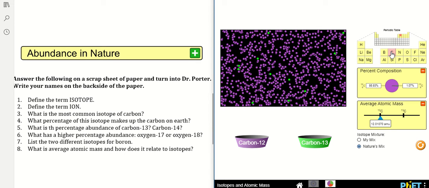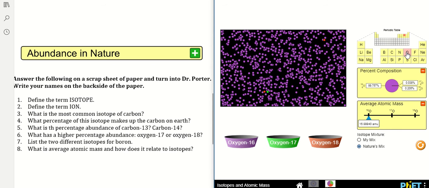The vast majority of carbon is indicated as being what? Carbon-12. So you can see the carbon-13, every 1 in so many will be carbon-13 scattered around. You can see right here on the average atomic mass that it's closest to carbon-12 over carbon-13.